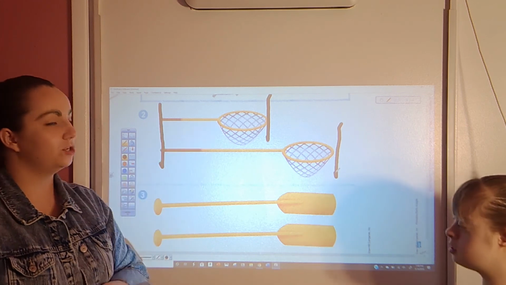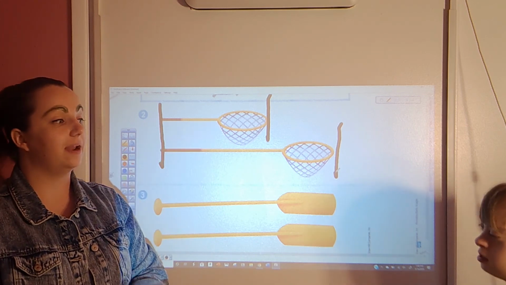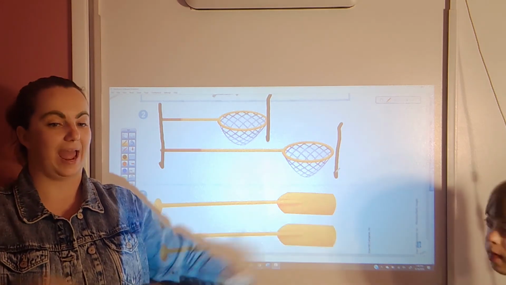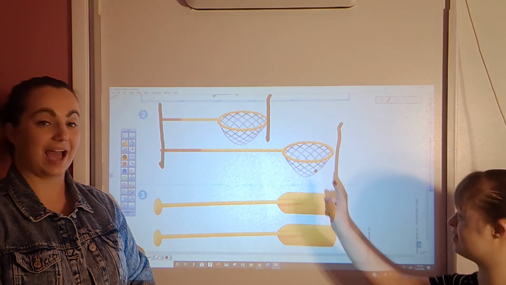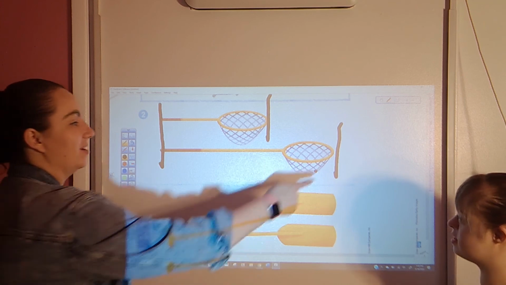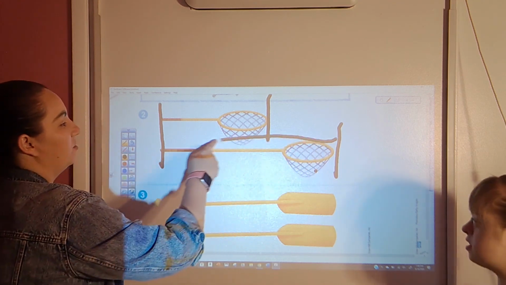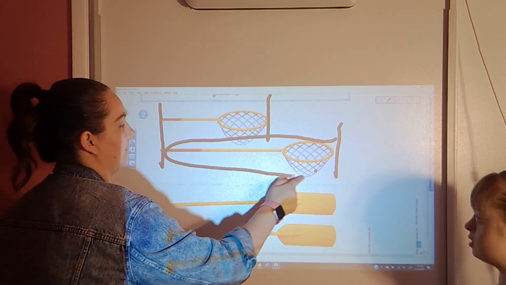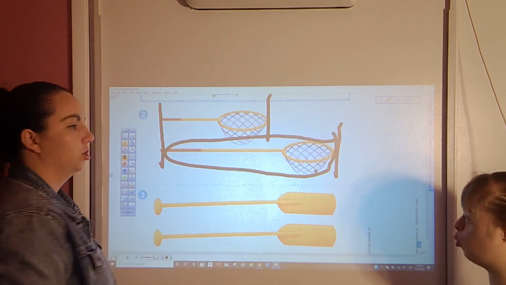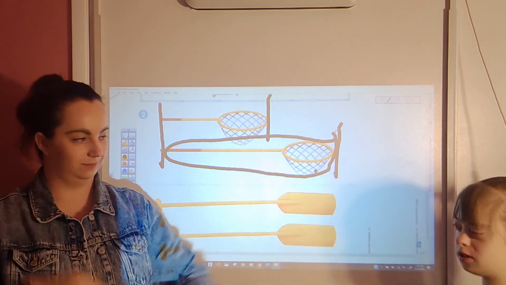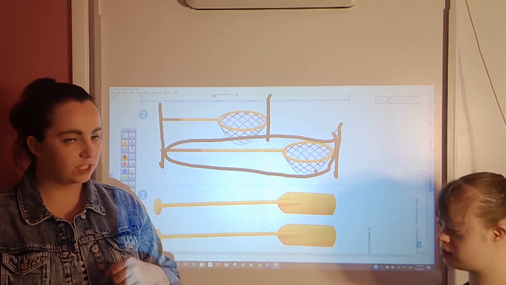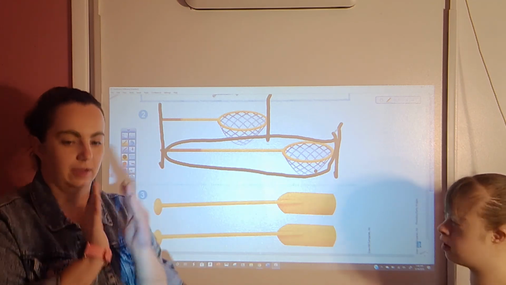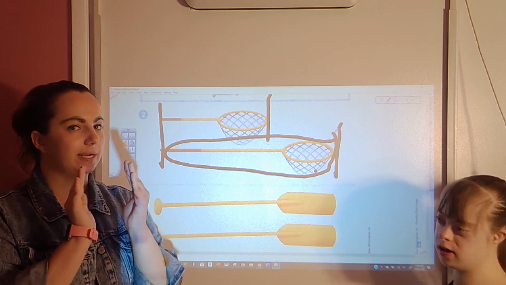Looking at these two nets, Kaylee, which net is longer, has more length to it? Yes, that one right there. So I'm going to draw a circle around this net. It is longer. Nice. If this net is longer, which net is shorter, Kaylee? Not quite as long, not as much length.